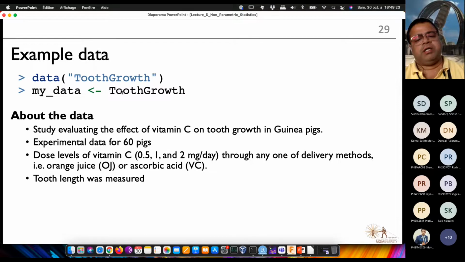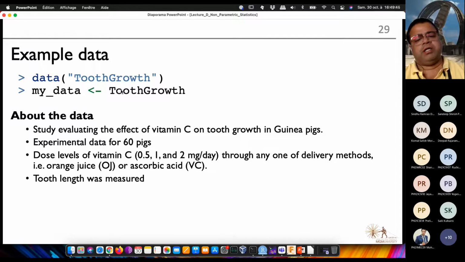So basically what they do is feed them either orange juice or ascorbic acid. The ascorbic acid is actually the vitamin C tablet that is available in your shop. The ascorbic acid tablet is vitamin C. Or they can give indirect vitamin C, that is orange juice.